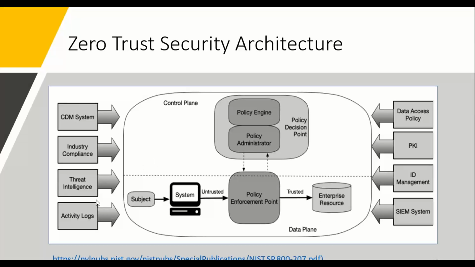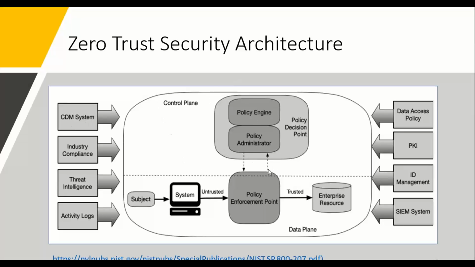Then NIST has a zero trust security architecture. I have provided the link here, which is called SP 800-207, which talks about a similar situation where I mentioned the three concepts of zero trust security. So it should have a data access policy, public key infrastructure, defined ID management, a SIEM system for logging and monitoring, and then a threat intelligence solution, industry compliance, and CDM system.